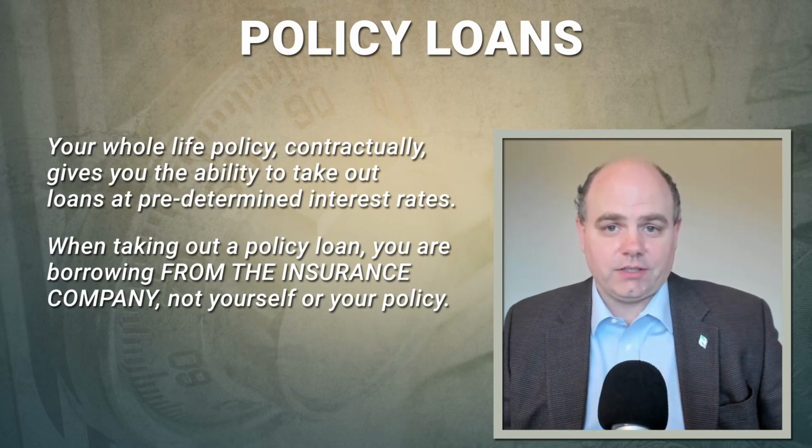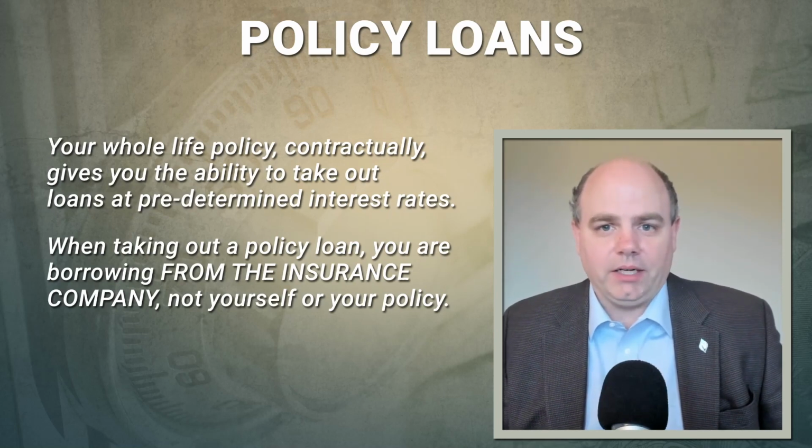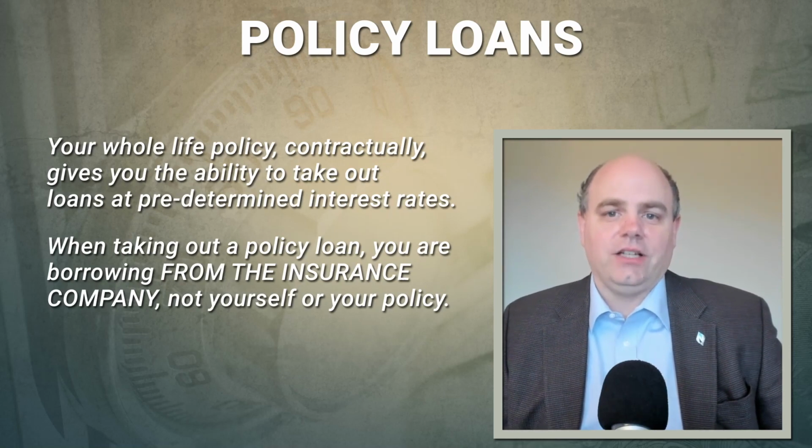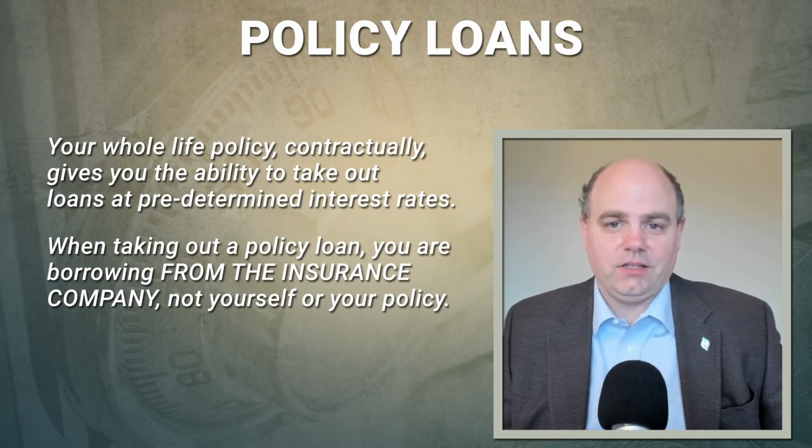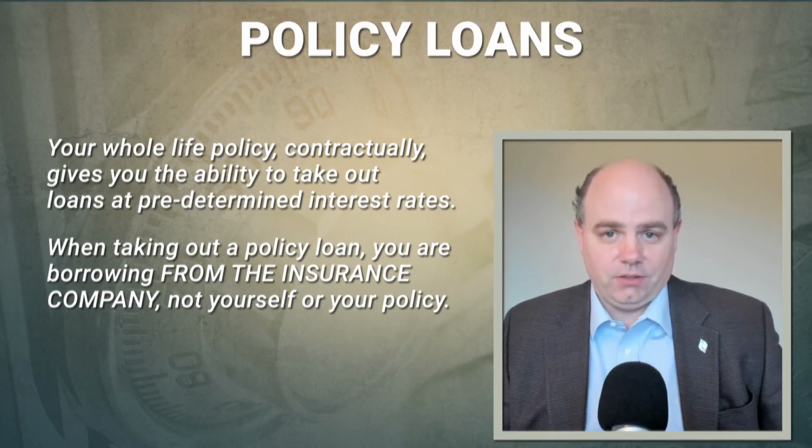That's how the life insurance company invests some of its funds that month, for example, is they lend money to you, and now you owe them money. So that's an asset from their point of view. That policy loan is an asset to the life insurance company because they took some of their money and invested it in a loan to you, the policyholder.